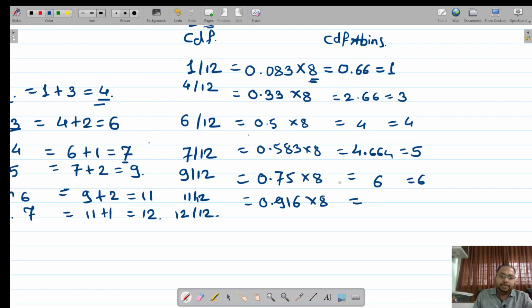0.916 multiplied by 8 is coming as 7.32, so let us round it off to 7. And finally, 12 by 12 is 1, and 1 into 8 is 8.